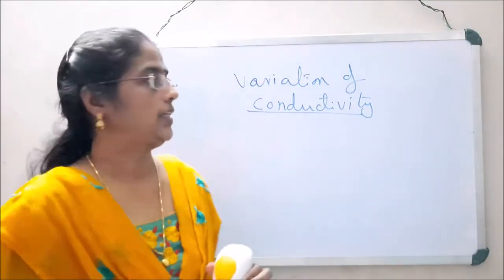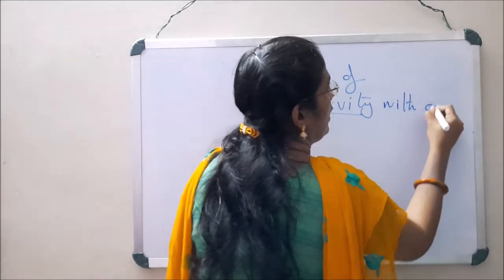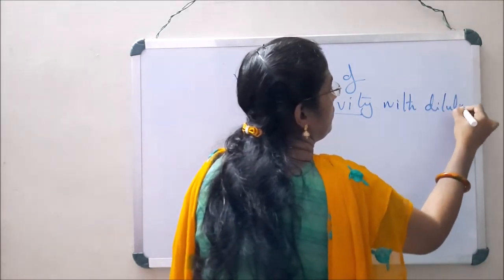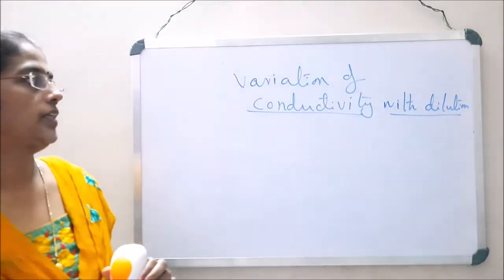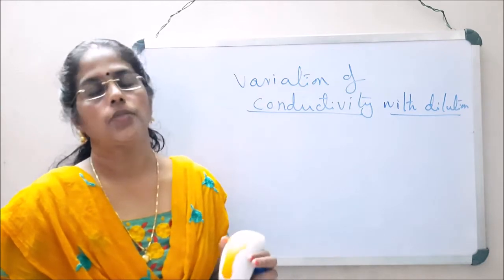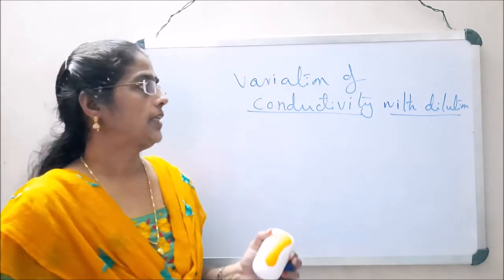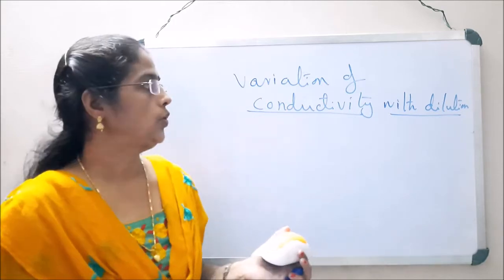Variation of conductivity with dilution. As concentration decreases, the conductivity decreases. This is because the conductivity depends upon the volume of the solution.